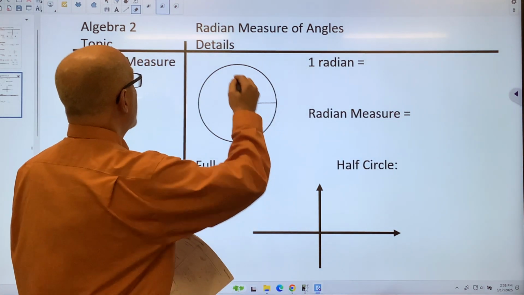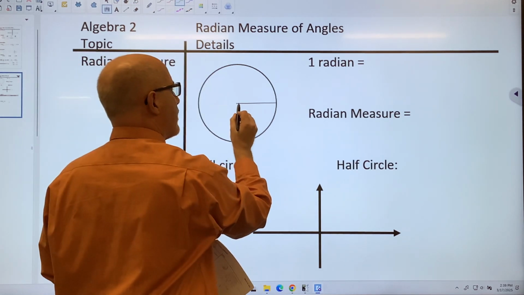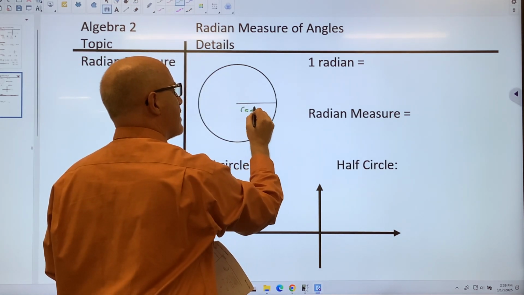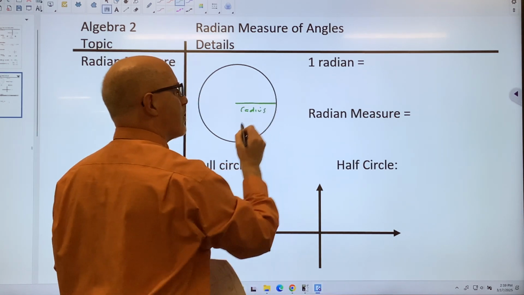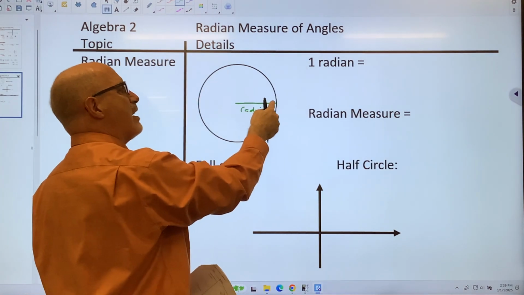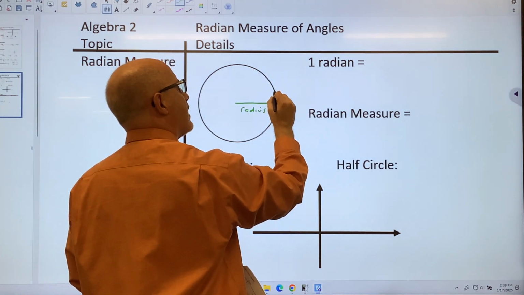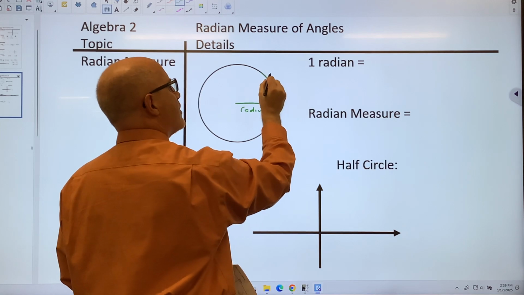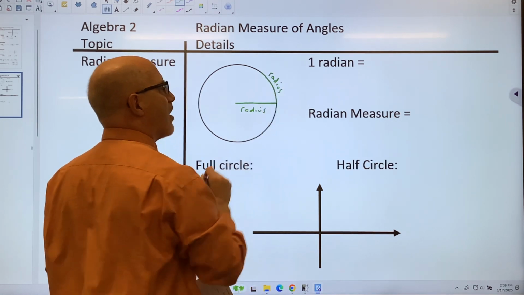If we look at a circle here, this is our radius. If you take that length of the radius and lay it along the arc going counterclockwise, this would be the same length as the radius, just laid on the arc.